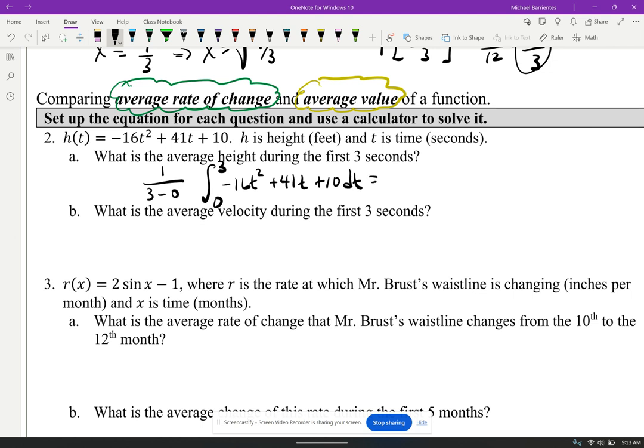Now, to practice our integration techniques, I'm going to say this is 1/3 times, and then we'll take the antiderivative of this. So this is negative 16 t to the third over 3 plus 41 t squared over 2 plus 10 t, and we're going to evaluate that from 0 to 3. Then I would substitute the 3, and then substitute a 0, and that would be the end of the story, right?